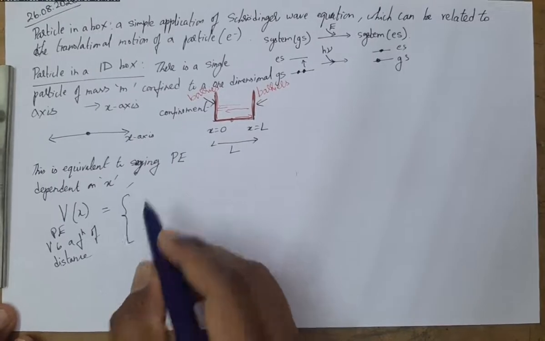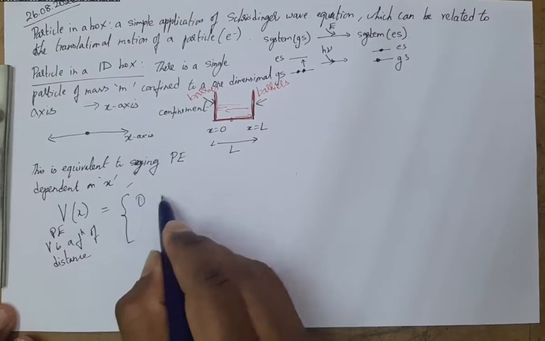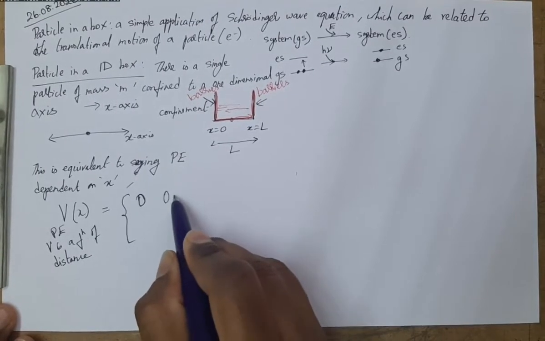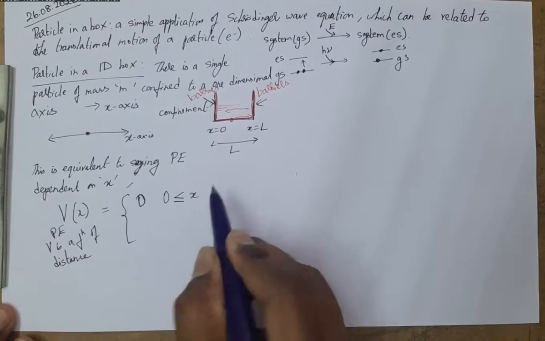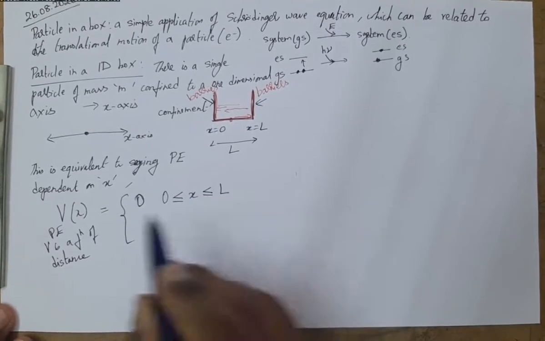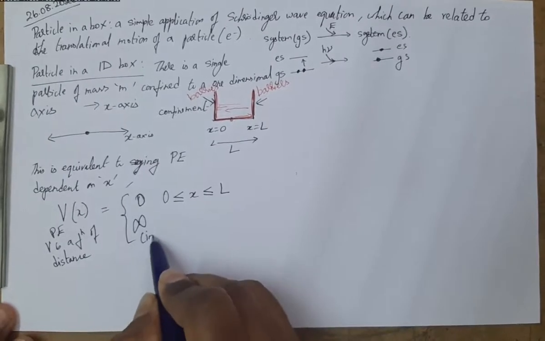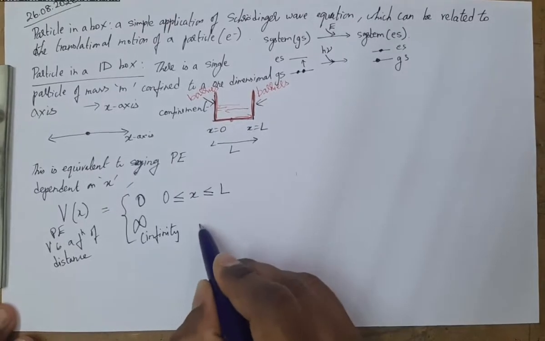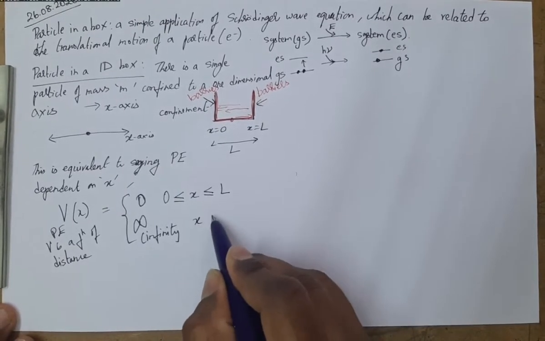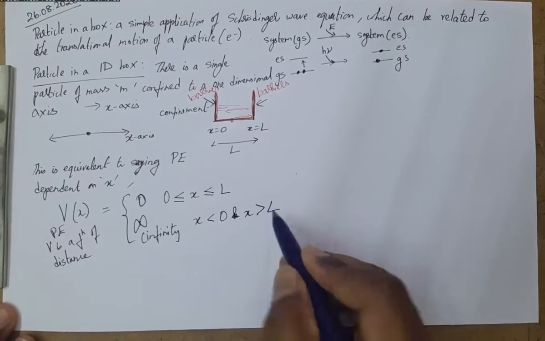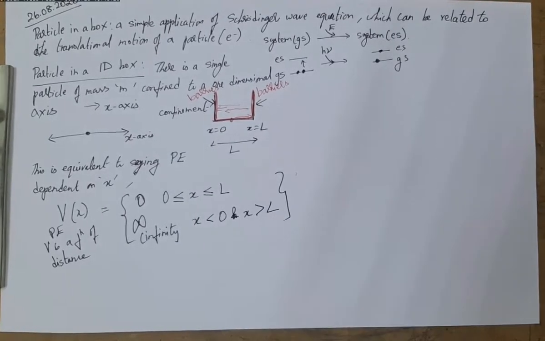So you have two conditions here. V equal to 0 when the value of x is greater than 0 and less than or equal to L, and it is infinity otherwise. So when x is less than 0 and when x is greater than L, the potential is infinite.